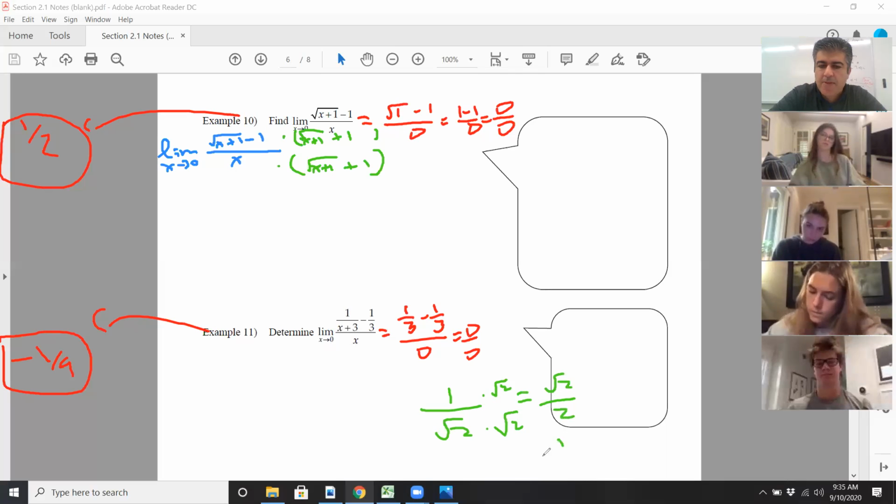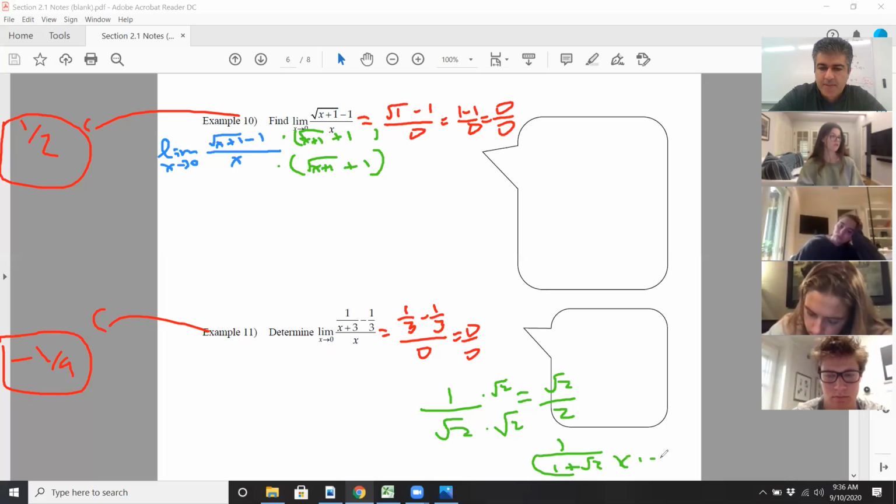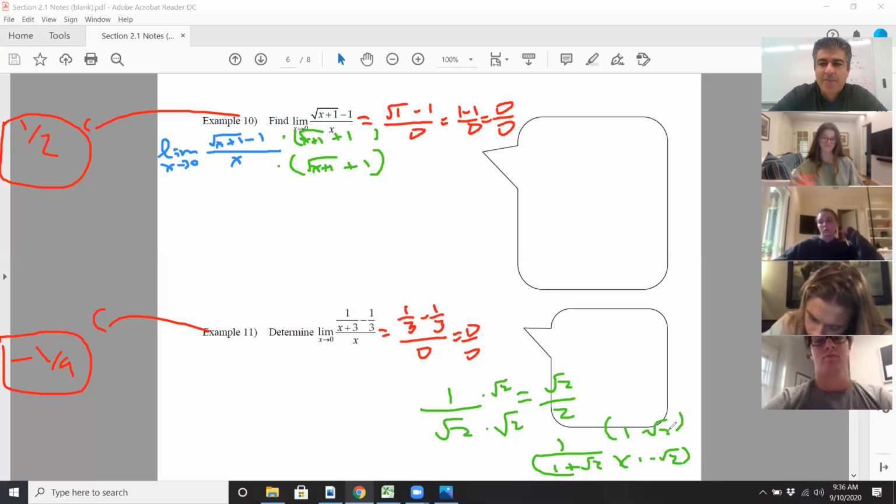Or maybe you might remember these kind of problems, like if you had 1 plus root 2, we made you do all this stuff back in the day. We told you, we're rationalizing the denominator. Honestly, who cares? You're rationalizing the denominator. It really doesn't matter.